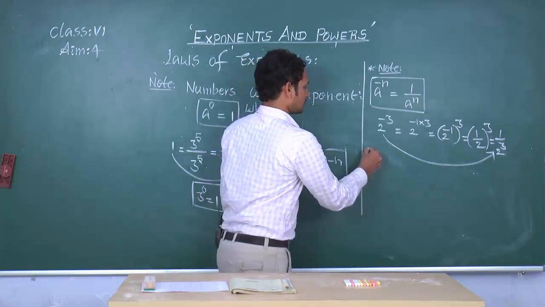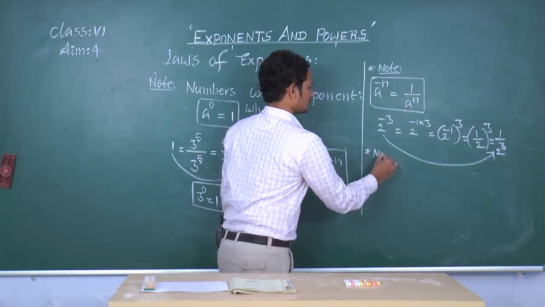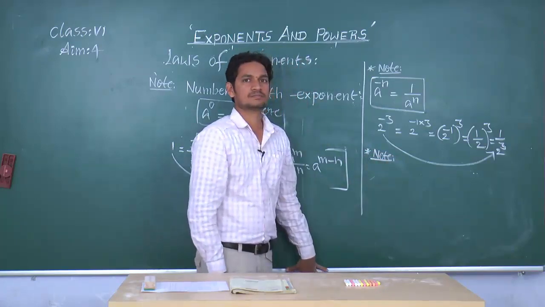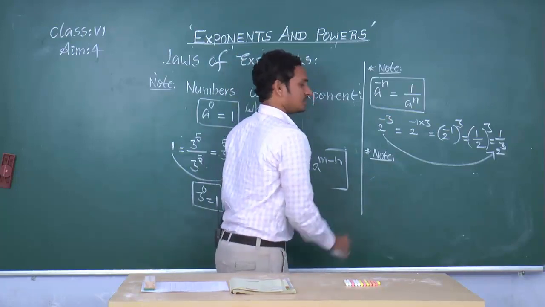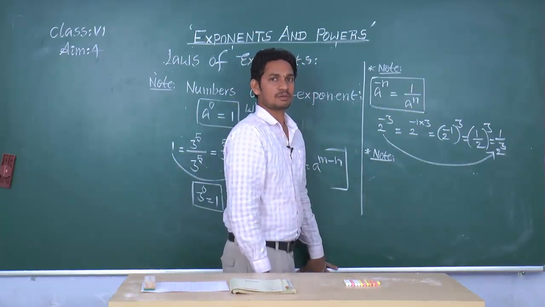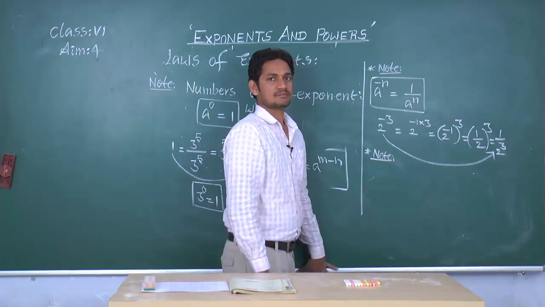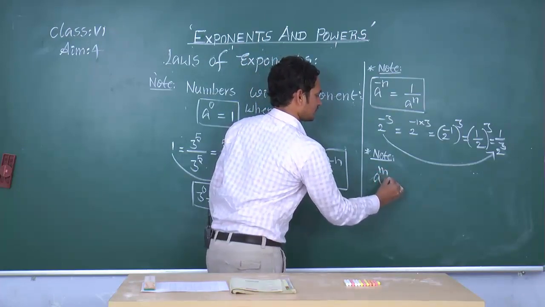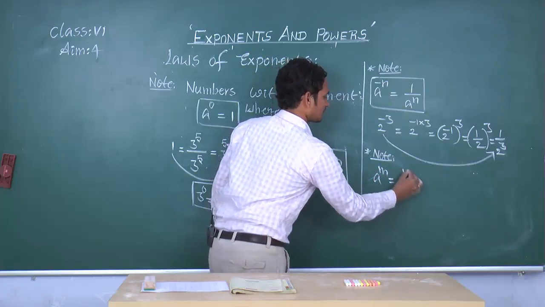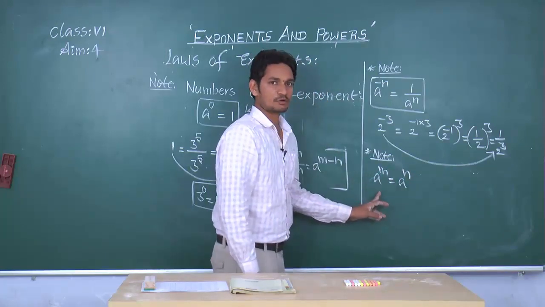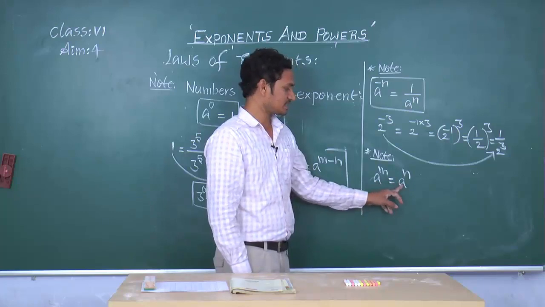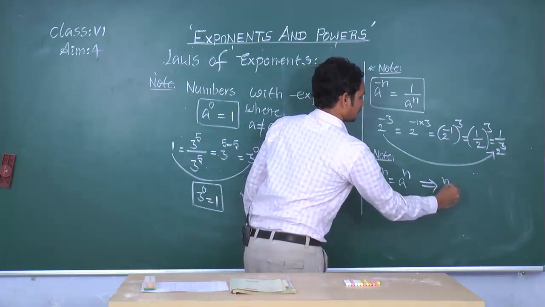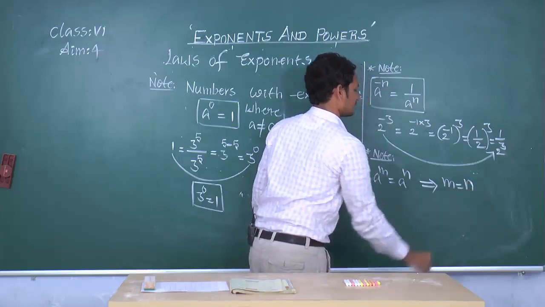Now I am introducing one more note. Whenever we equate two powers with the same base, a power m equal to a power n, we can say m must be equal to n.